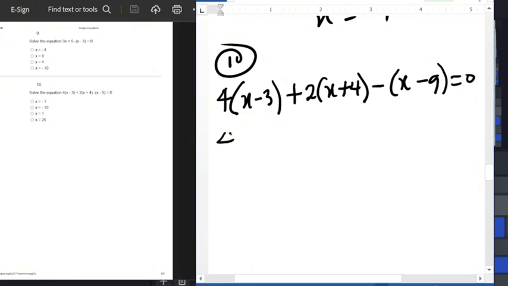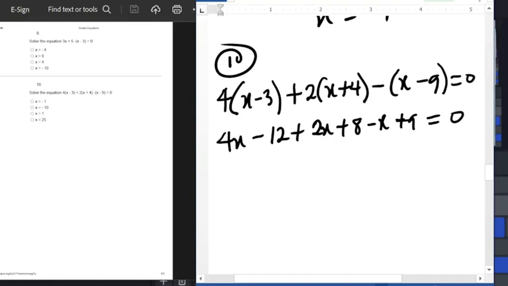So this will give us 4x minus 12 plus 2x plus 8 minus x plus 9 equal to 0. So the next stage here is to collect like terms. We bring all the x together and we take all the whole numbers to the other side. That means we have 4x plus 2x minus x.